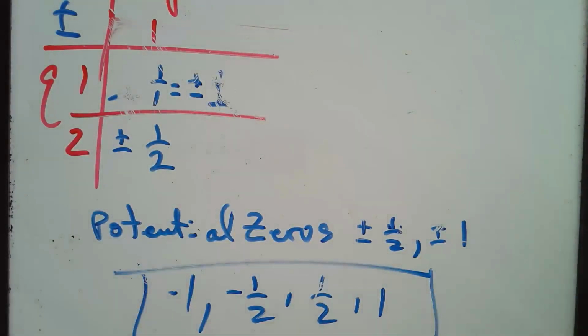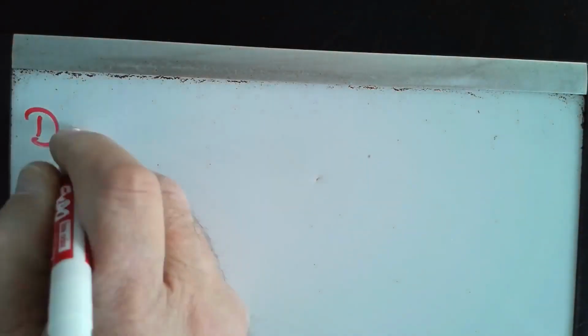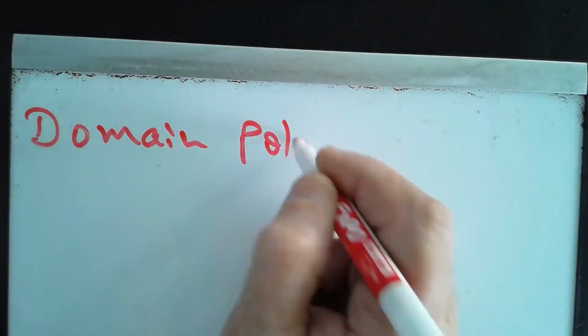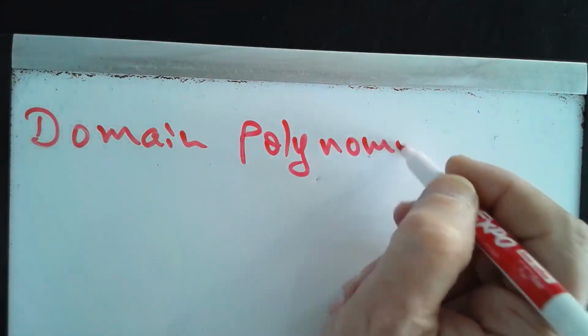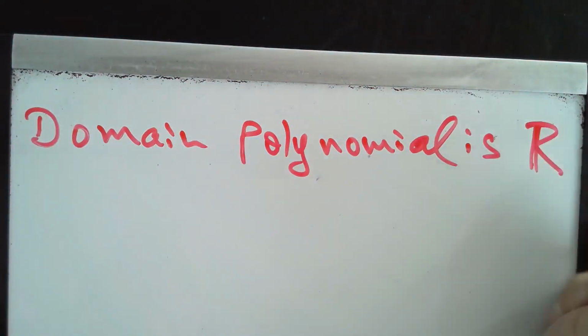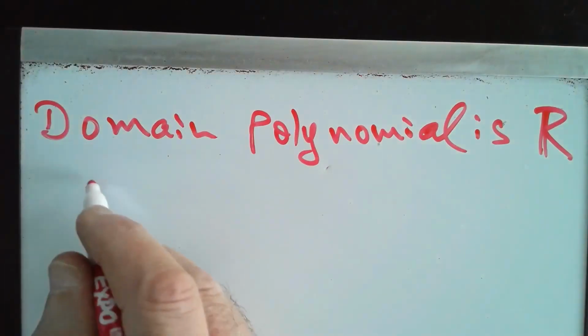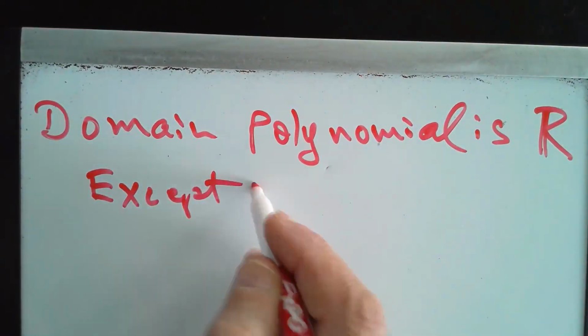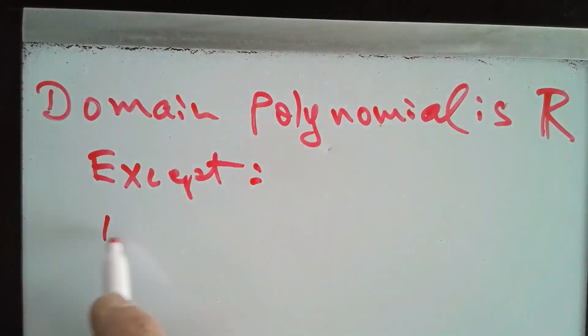Now with our domain, we said that the domain of a polynomial is all real numbers except in 2 cases.